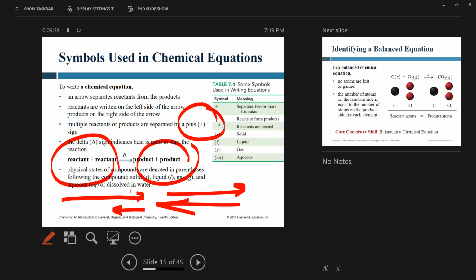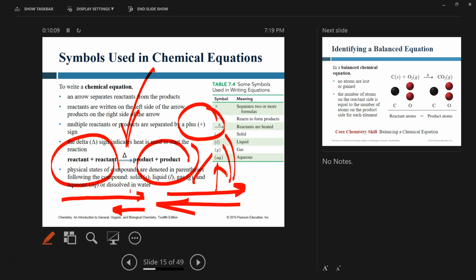Does that make sense? Over the arrow, you draw the conditions. It can be temperature, it can be pressure, it can be catalyst, whatever is needed for the reaction. Does that make sense? The indexes S, L, G, or AQ, they explain what kind of physical state your reactants or products are in.